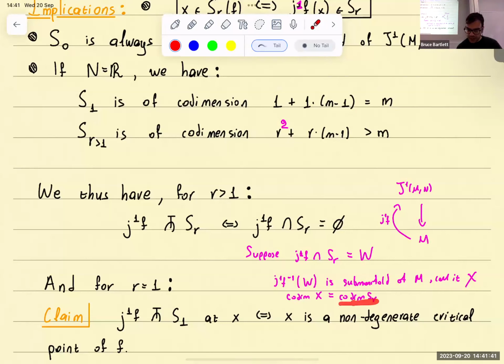But here we calculated the codimension of SR to be greater than the dimension of M. So the dimension of M minus the dimension of X must be greater than the dimension of M. That's a contradiction. So the only way J1F can intersect SR transversally is if it doesn't intersect at all, because otherwise, for dimension reasons, I would have this problem.